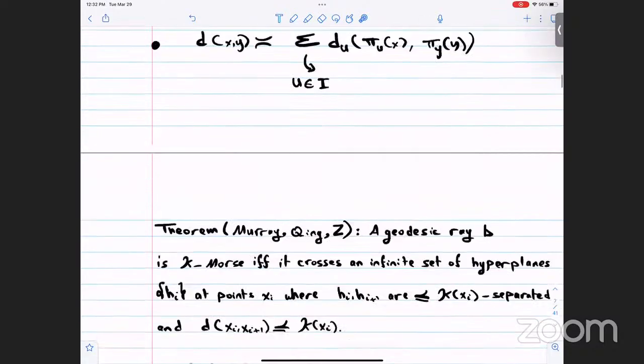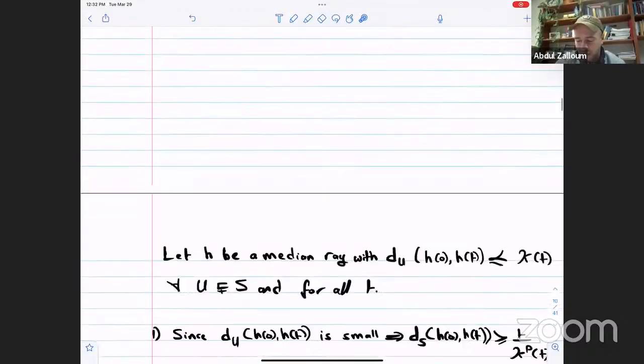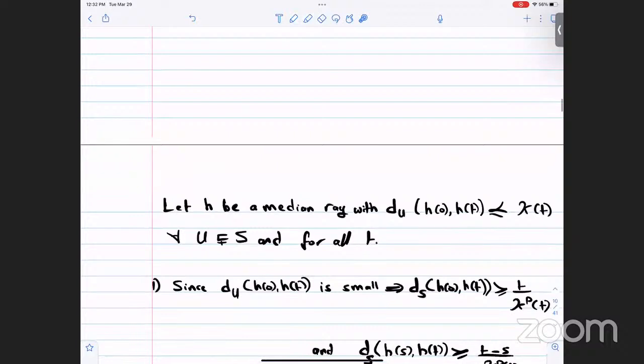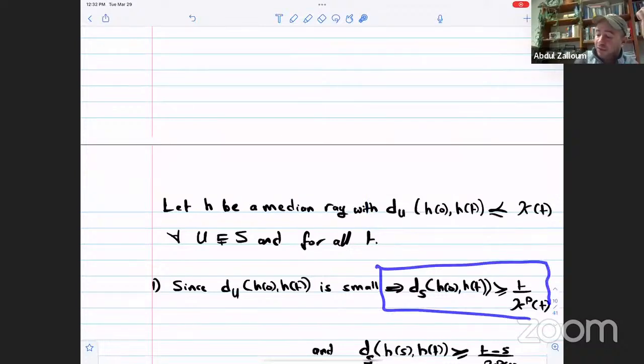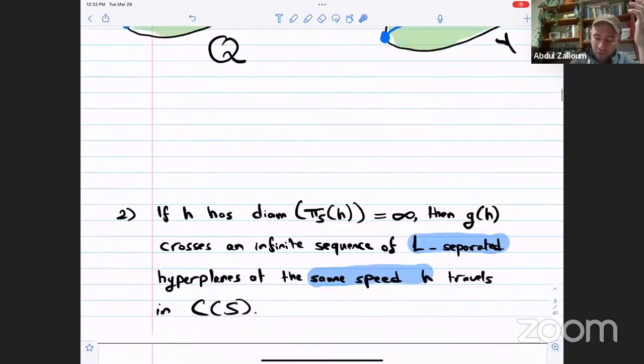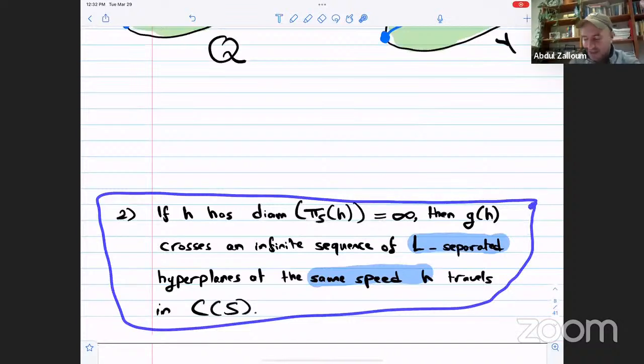Yes. Okay, and one of the essential parts of this proof was that we knew that the distance was small in each proper domain, and that let us deduce that the distance had to be large in the top level guy. And then we used this statement again, and I really like the statement, so I'm going to keep coming back to it.